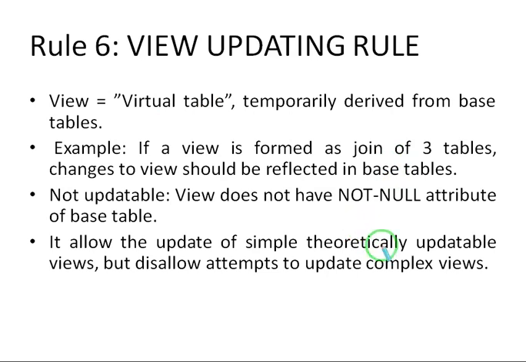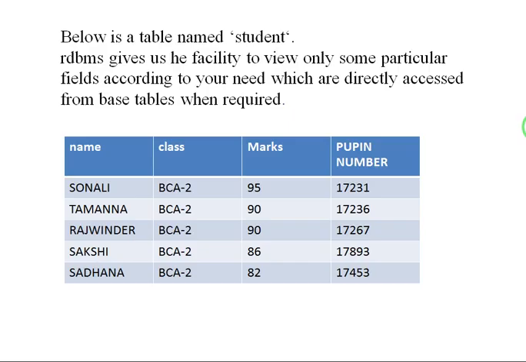So this rule suggests that it allows the update of simple, theoretically updatable views, but disallows attempts to update complex views. Okay, for security purposes, some authorization is also needed for the complex view. So this rule number 6 is the view updating rule.